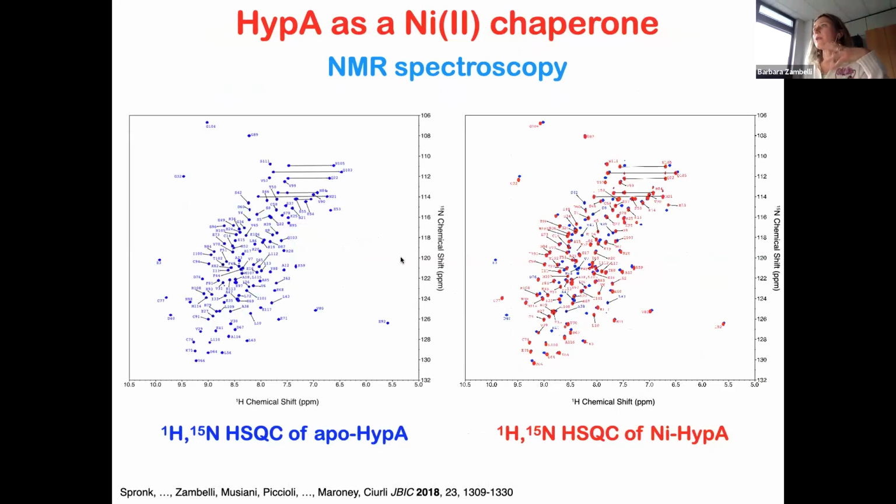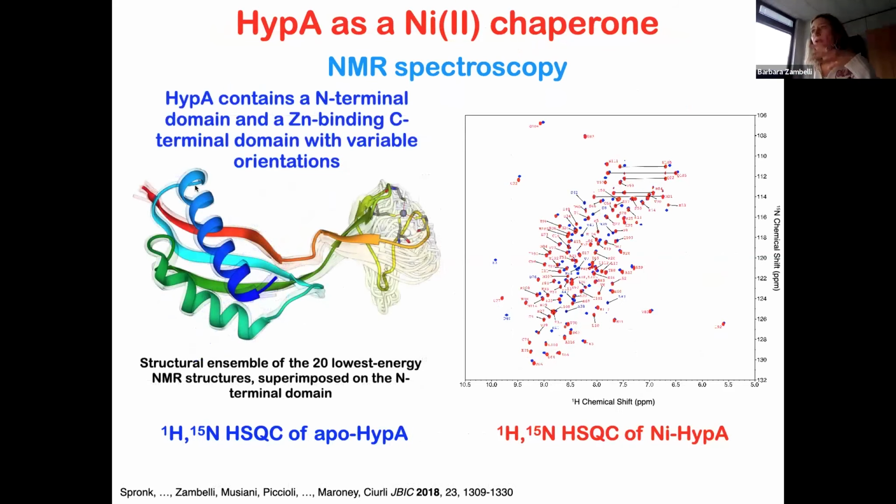Then, using NMR, we determined the structure of HypA. HypA is also made of two domains, an N-terminal domain and a C-terminal domain that usually contains zinc, which has a structural role. When I refer to apo-HypA, I refer to this structure that contains zinc, because the term apo refers to nickel.